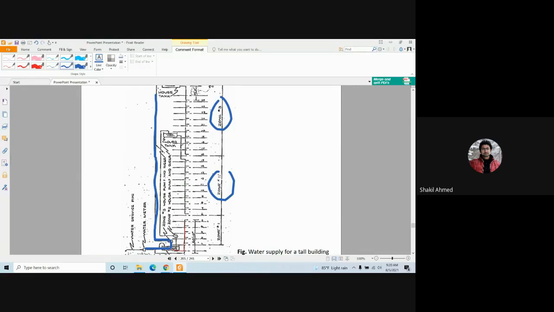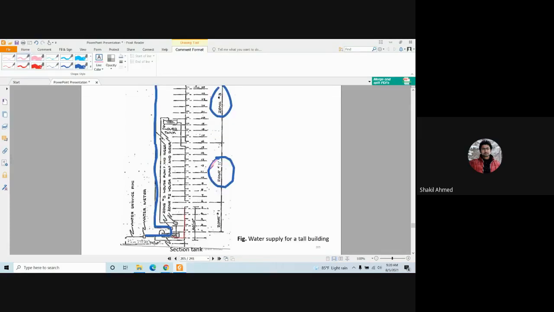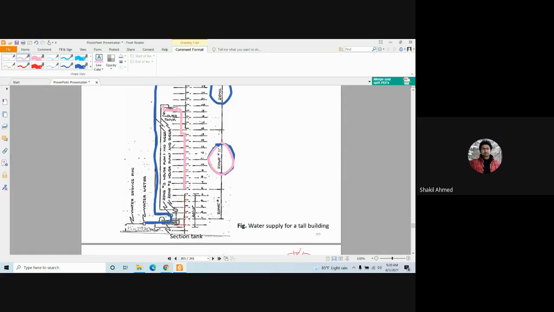And then for zone 2, you are using this pipe, through this tank. And that's it.